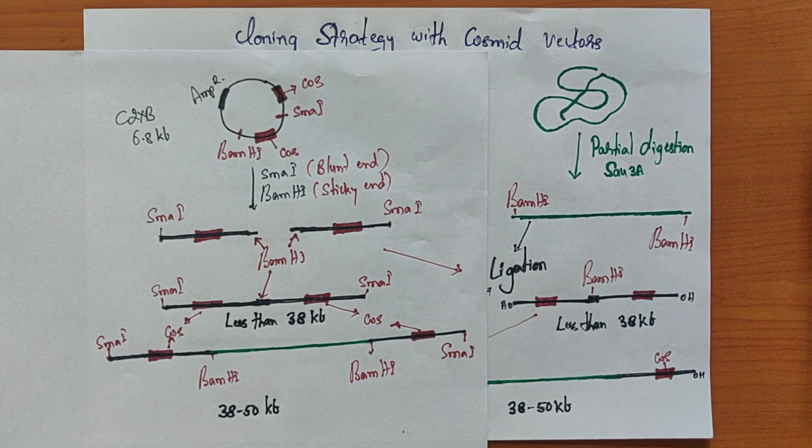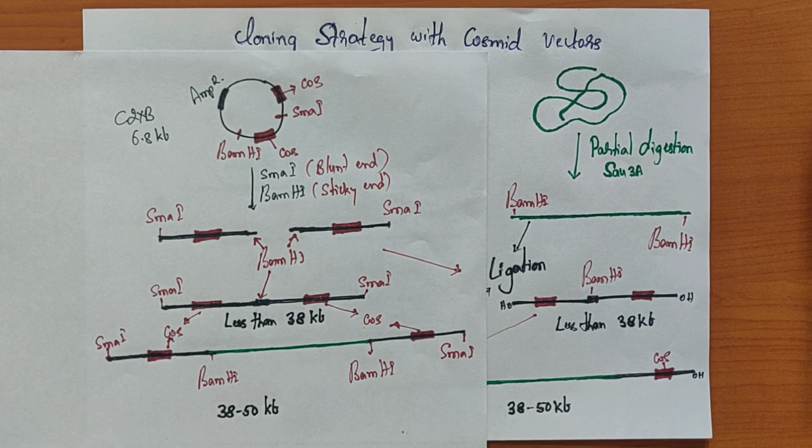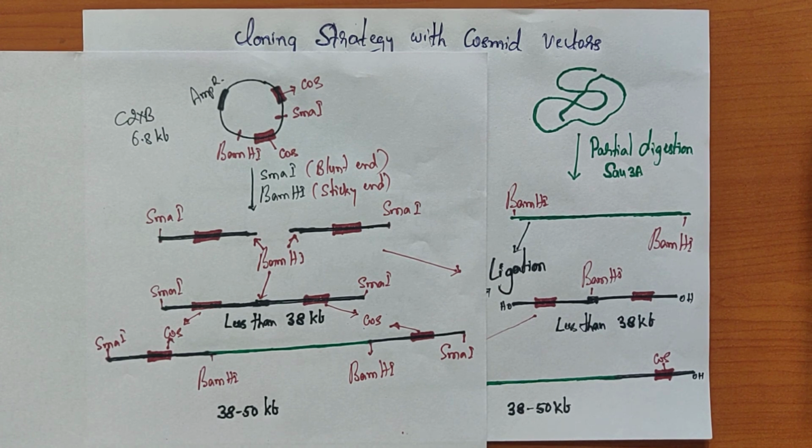Once you understood the in vitro packaging, we also studied what is very critical. The only critical thing is the two cos sites and the distance between the two cos sites. As a result, we have generated the cosmid vectors. In case of a phage vector, a maximum of 24.6 kilobases can be inserted, whereas in case of a cosmid vector, even larger than that can be inserted.